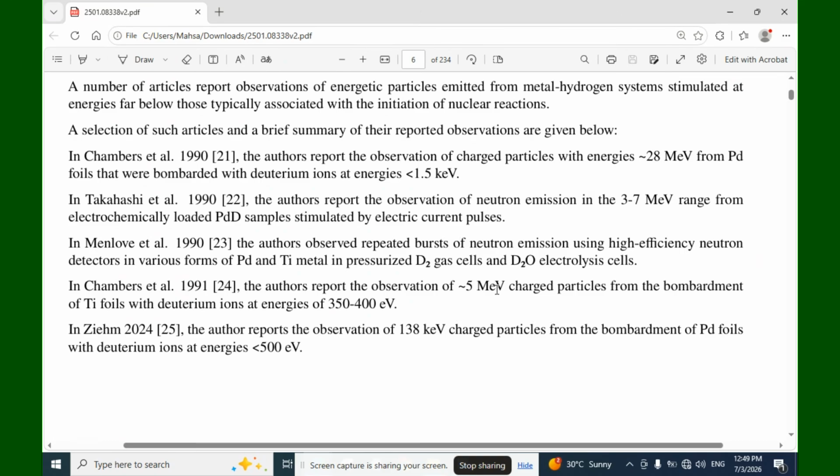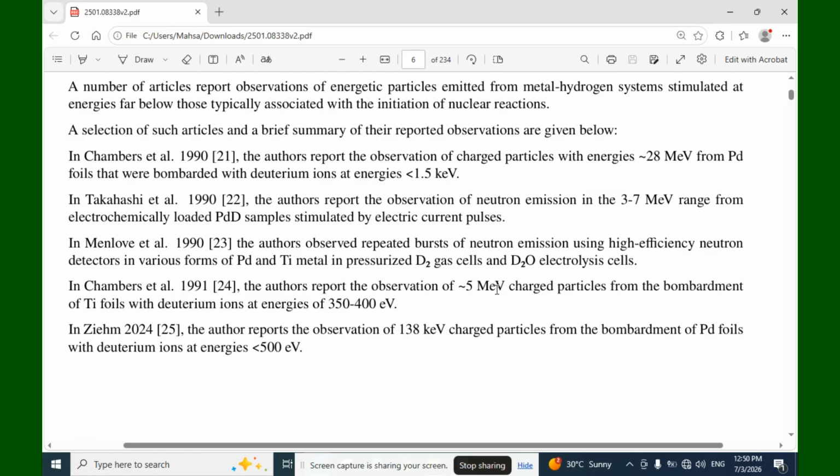In Menlove and his colleagues in 1990, the authors observed repeated bursts of neutron emission using high-efficiency neutron detectors in various forms of palladium and titanium metal in pressurized D2 gas cells and D2 oxygen electrolysis cells.